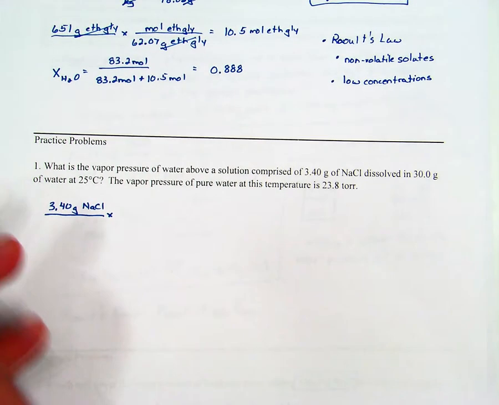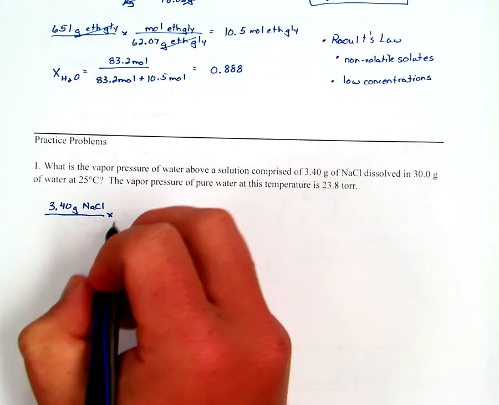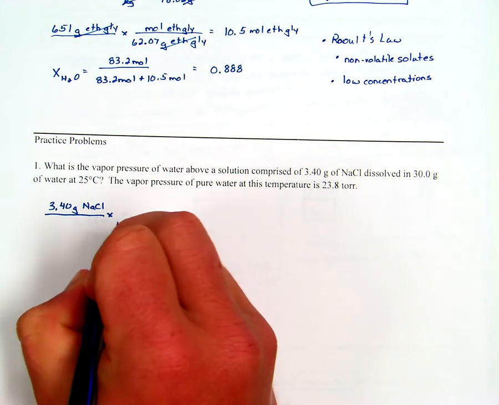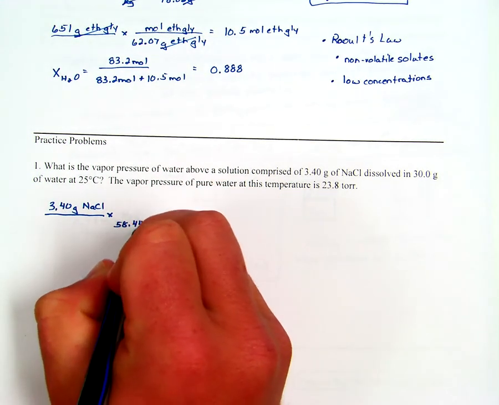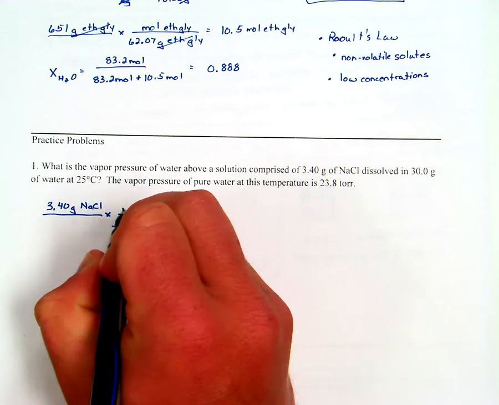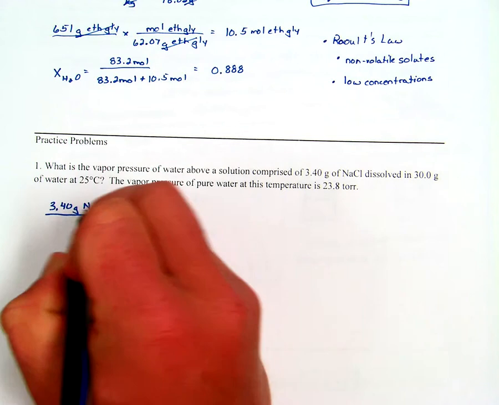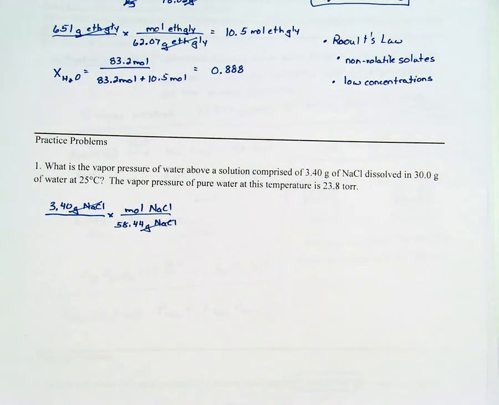Let's see, molar mass of NaCl is 58.44 grams NaCl per mole. Grams cancel. And you might think I'll just stop there. Well, remember though, sodium chloride is an electrolyte. We're going to get 2 moles of particles for every mole of NaCl.